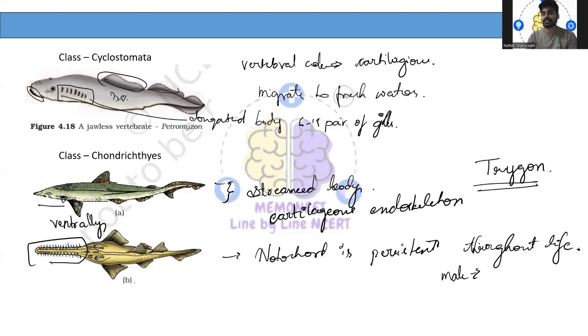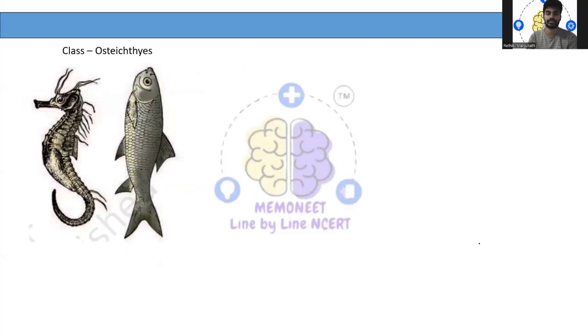So the next class is Osteichthyes. In this class, they include both marine as well as freshwater beings. They have a bony endoskeleton, and the body is again streamlined. These are general characteristics. The mouth is mostly terminal.